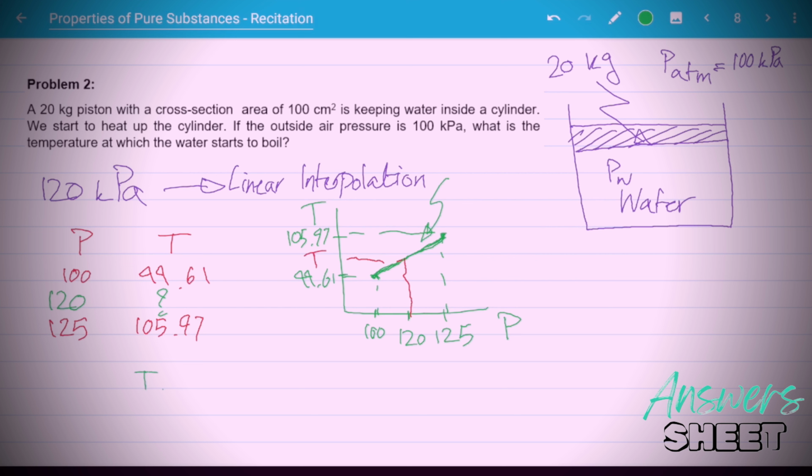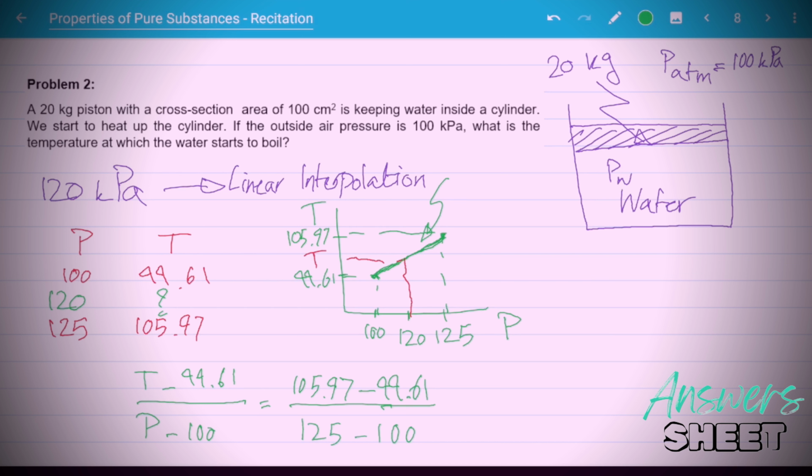I can say T minus 99.61 over P minus 100 is equal to 105.97 minus 99.61 over 125 minus 100.